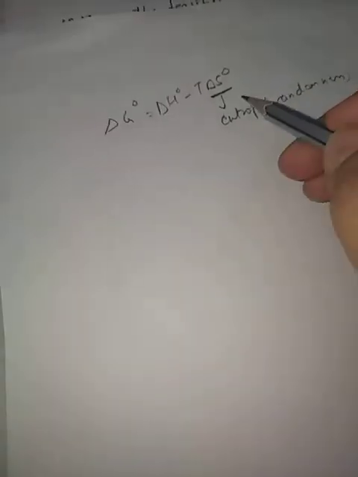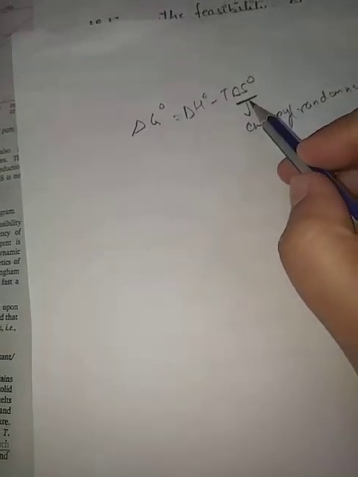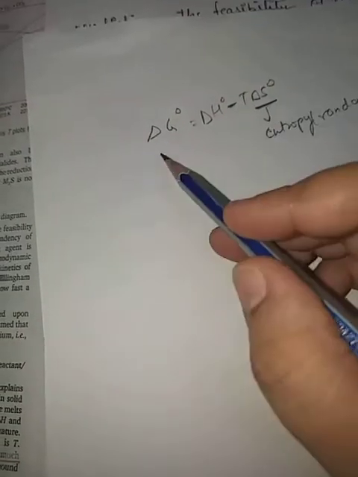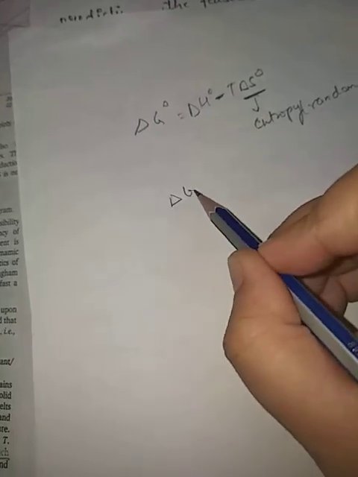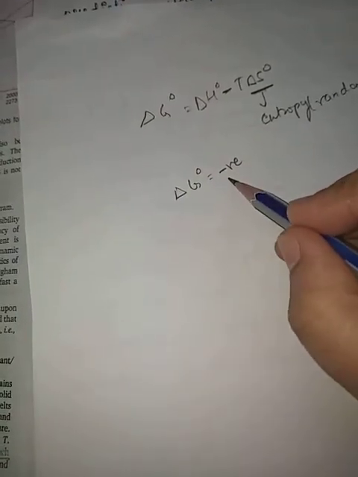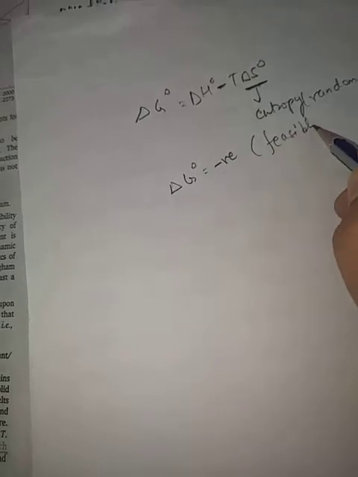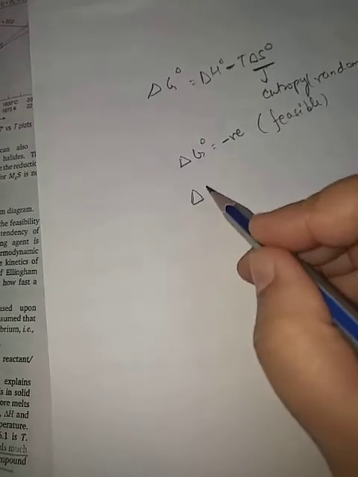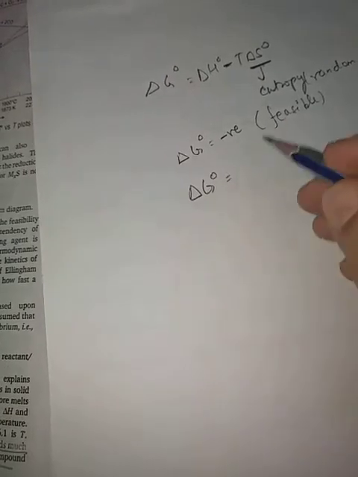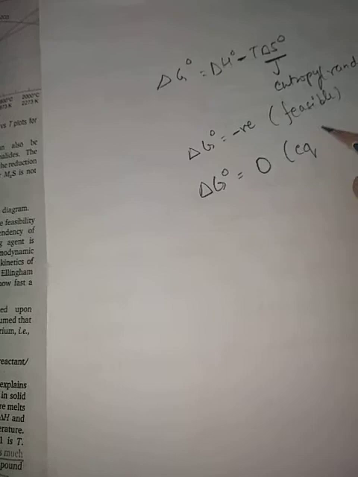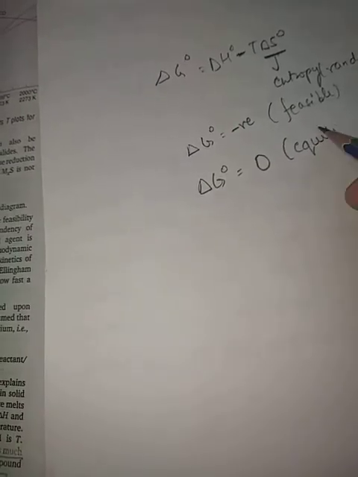If randomness increases, this negative sign will increase and delta G naught will become negative. If delta G becomes negative, it means the reaction is feasible. If delta G naught, at standard condition, is 0, it means the reaction is in equilibrium.